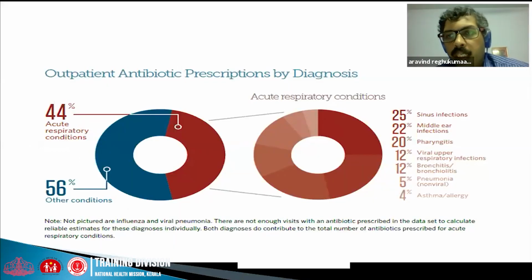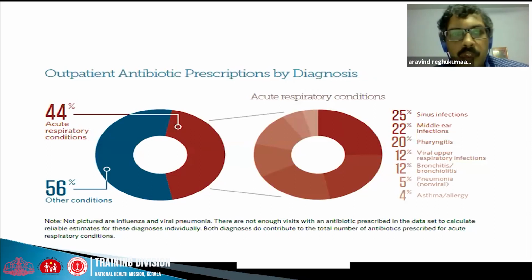This is actually data from the US. It shows the situations where antibiotics are usually prescribed in the OPD situation, and this actually mirrors our data as well. In the OPD, around 44% of antibiotics are prescribed for acute respiratory conditions.